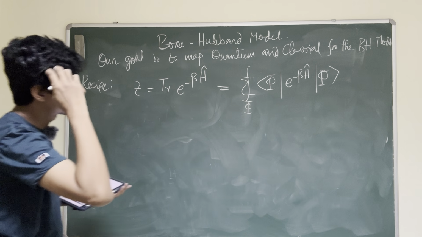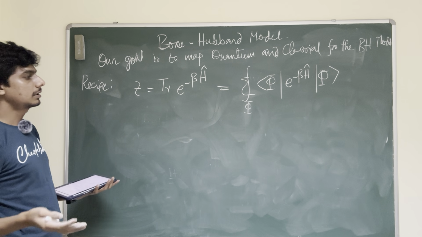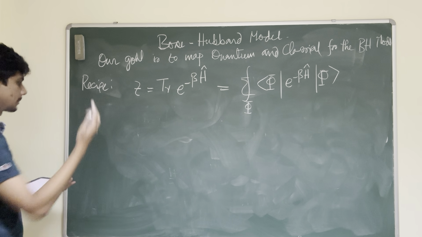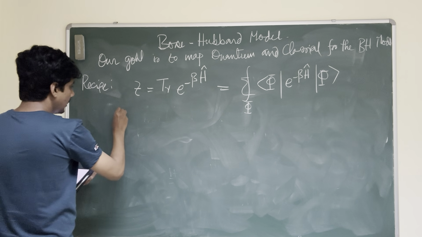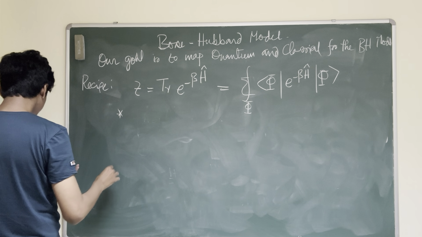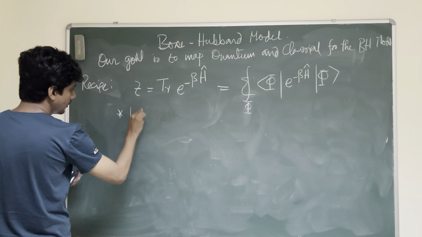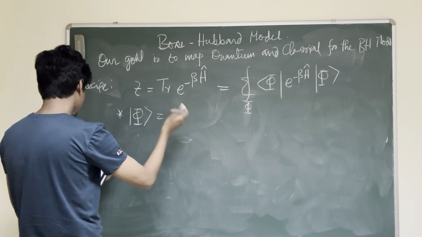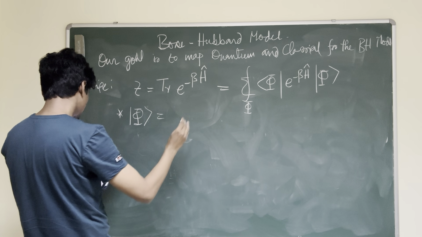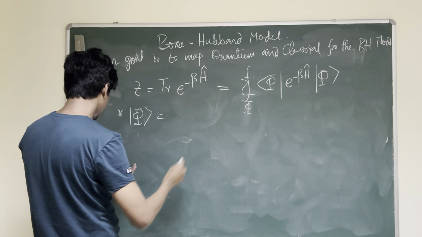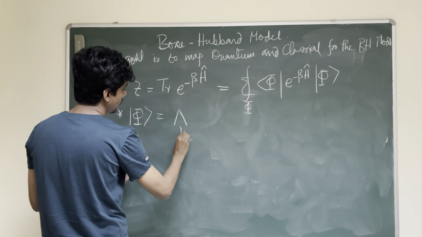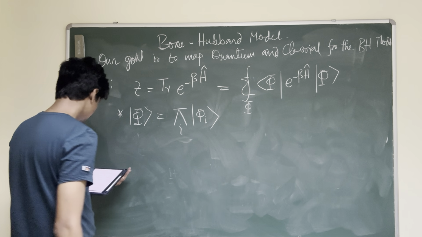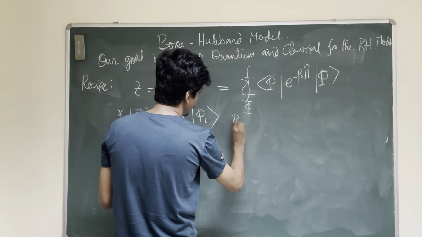So we sandwich this e to the power minus beta H part with capital Phi's, and you get the partition function. After that, you know this capital Phi is a product state. So the product state over quantum states on the lattice sites is the product of all the small phi's.